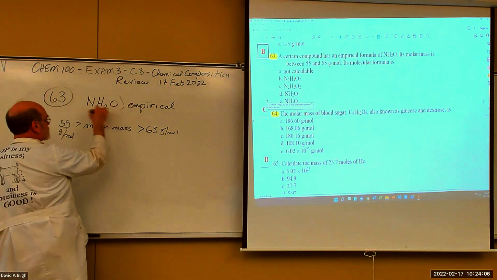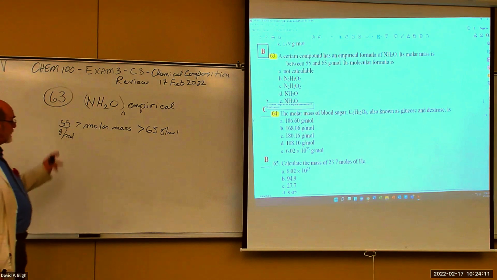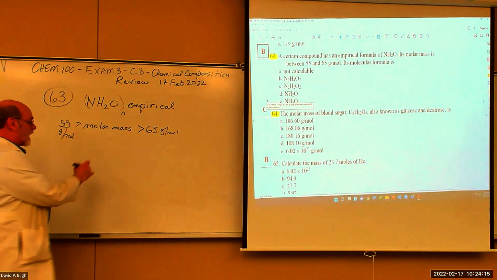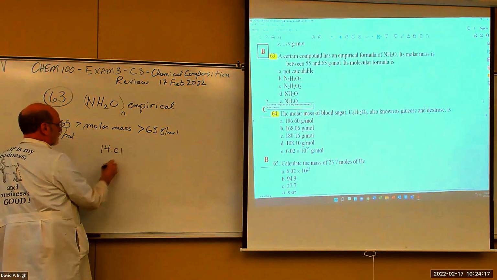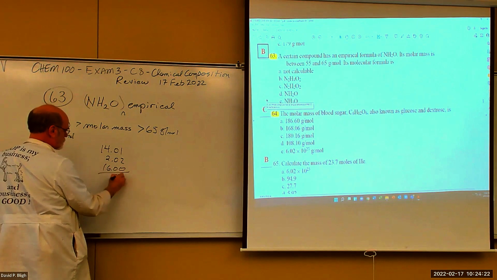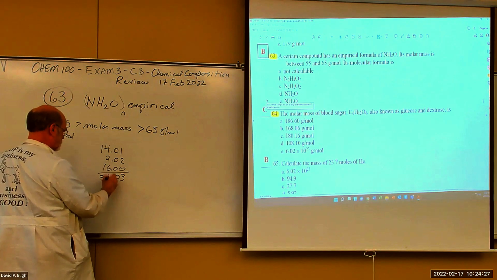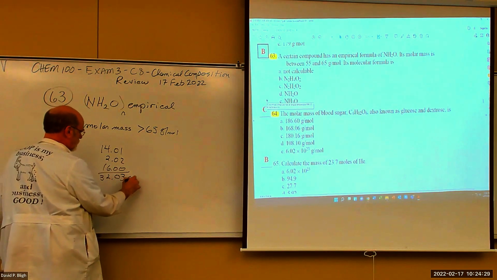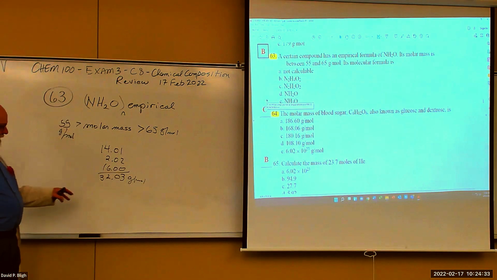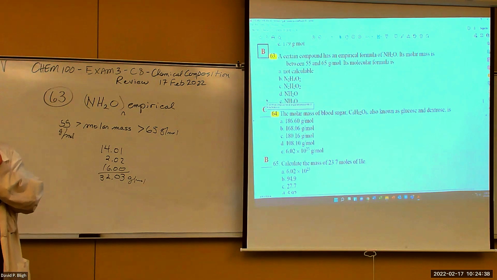So what we need is this multiplier, right? So we're definitely going to need the empirical mass. Nitrogen is 14.01, 2 hydrogens, and 1 oxygen. That's 3, 0, 8, 12, carry the 1. 32.03 grams per mole of that formula. Our N value, our multiplier, can only be a whole number.